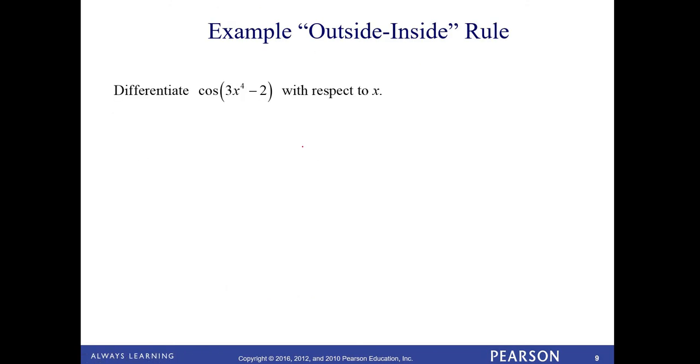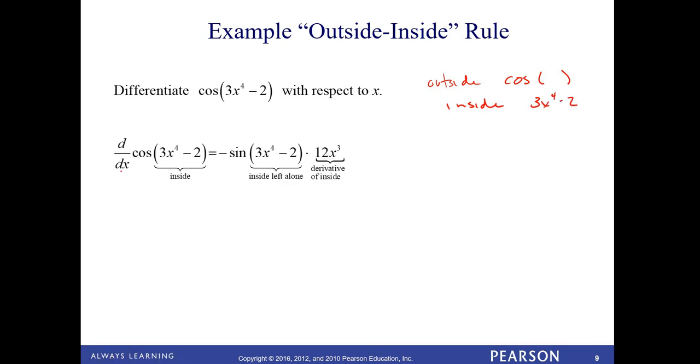So outside, inside. Differentiate cos of 3x to the fourth minus 2 with respect to x. My outside is the cos function. My inside is my 3x to the fourth minus 2 function.